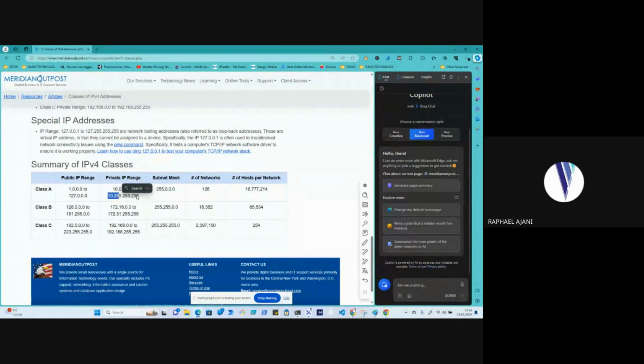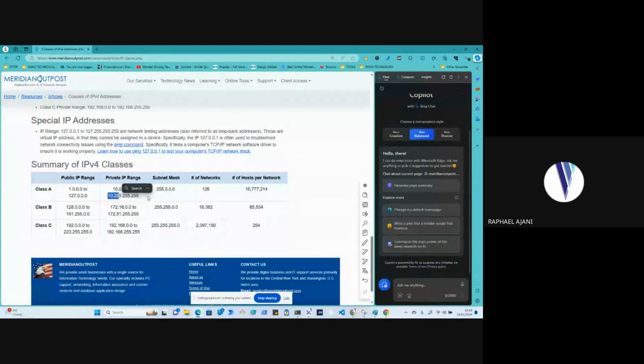So if I want to assign a class A IP address to my network, let's assume that I have millions of hosts. I am a very large organization, maybe a very massive organization like Starlink, for example, that deploys satellites for internet.